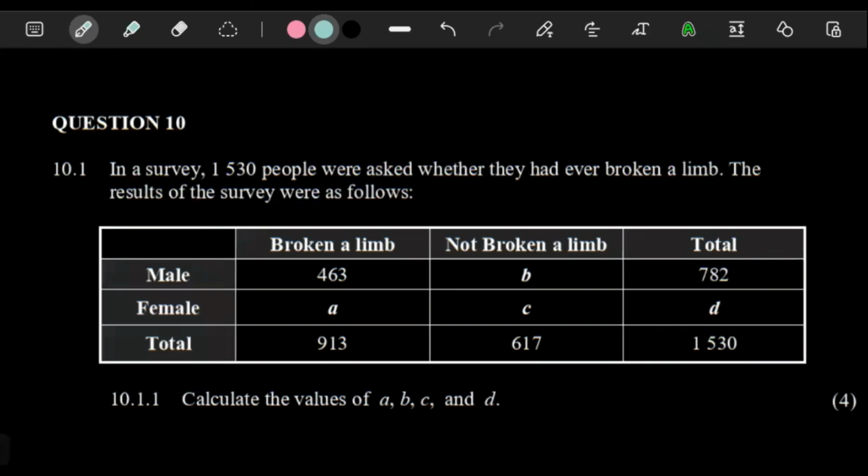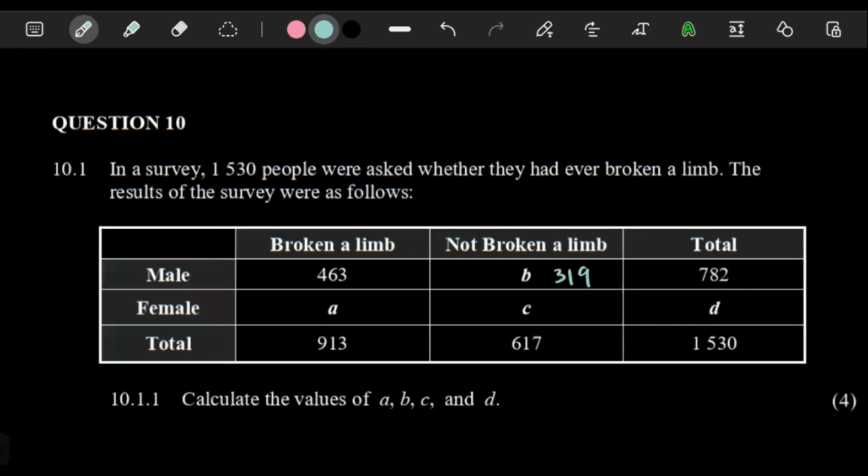I mean 782. So 782, if you remove the 463, you should get a value of B, which is where this 319 is. So with that 319, what we already know is the following.